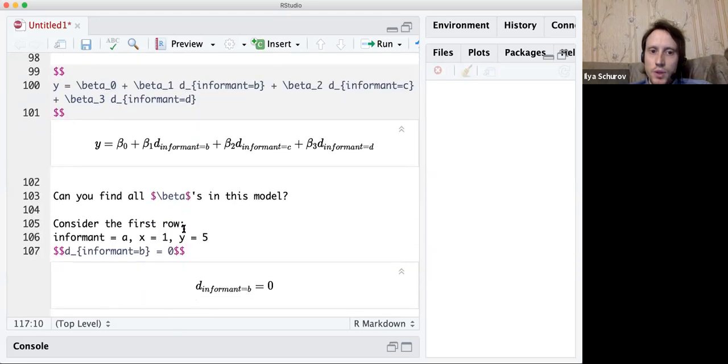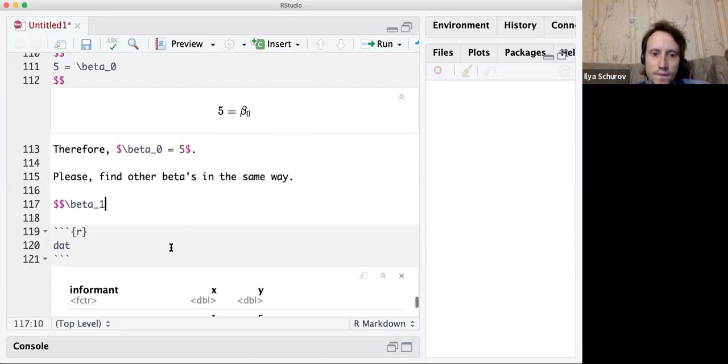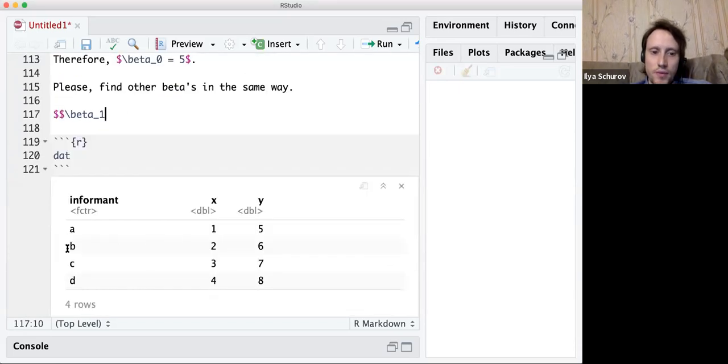What can I say about beta 1, the coefficient for this dummy variable? To find this beta 1, we have to consider the second row of our table.